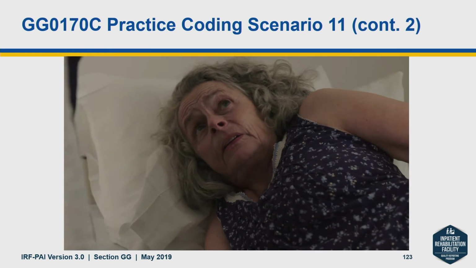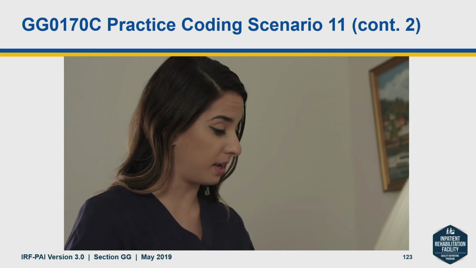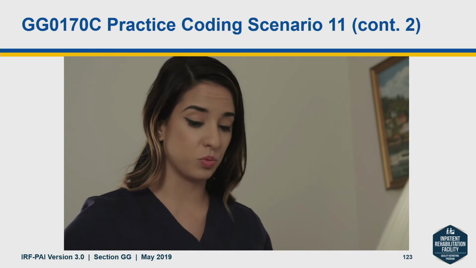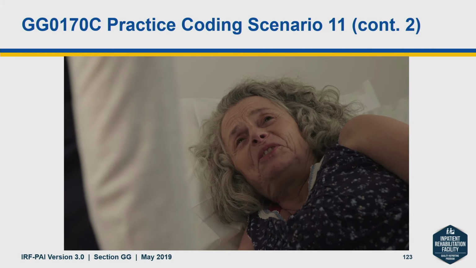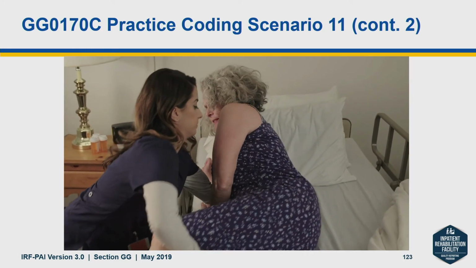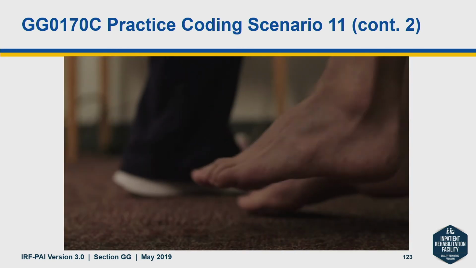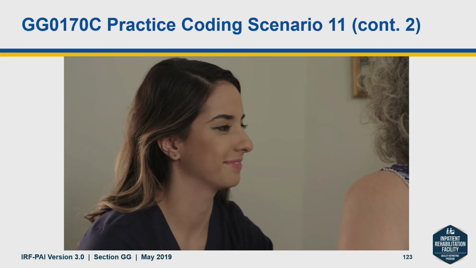Great. Now, put your hand on the bed and push yourself up. As you do that, I'm going to put my hand on your upper back and arm and swing your legs until you're in a seated position. Is that okay? Sure, let's give it a try. Good job. Thanks.